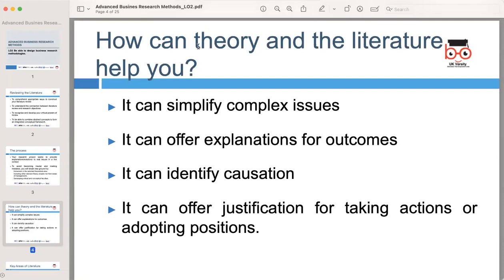Theory and literature can provide us with a solid foundation to support our actions or positions. By grounding our decisions in well-established theories or by referencing credible literature, we can ensure that our choices are informed and backed by reliable information.